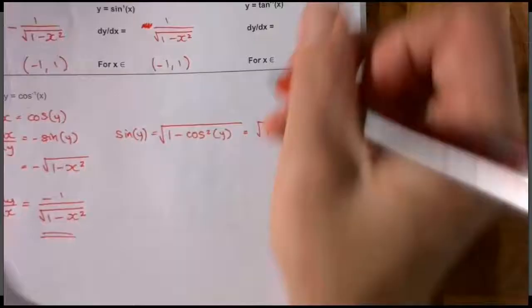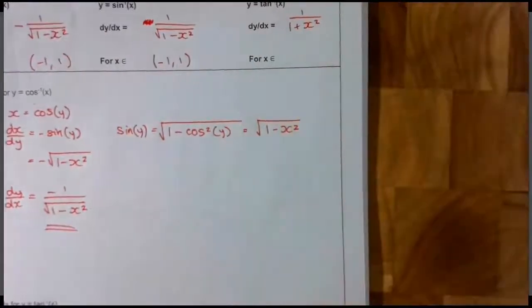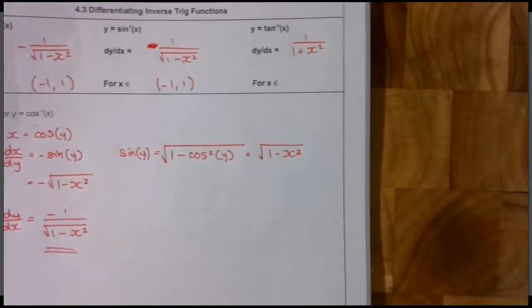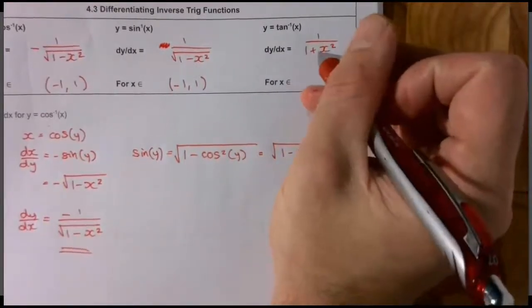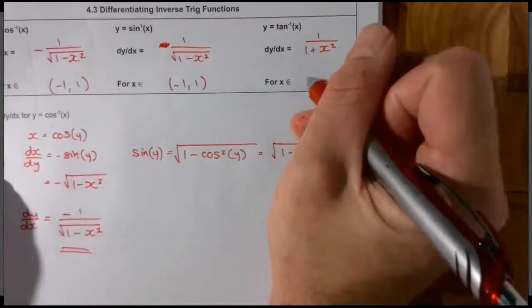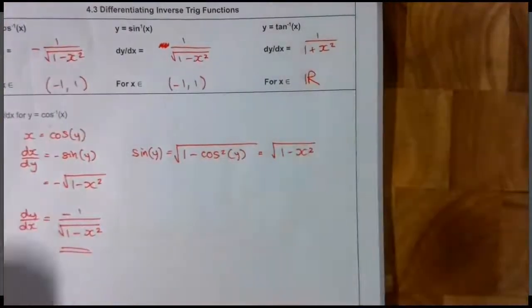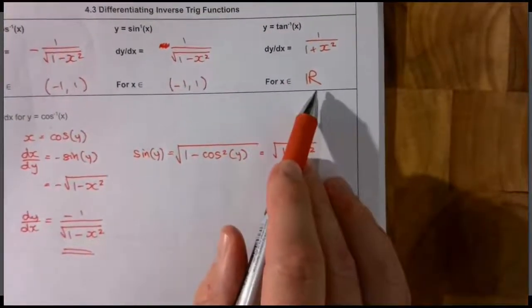And writing that up at the top, that tells us that, well, there's no issue with the denominator here. Any x value is going to give me a legitimate denominator, so the gradient of the inverse function is defined for all real values.